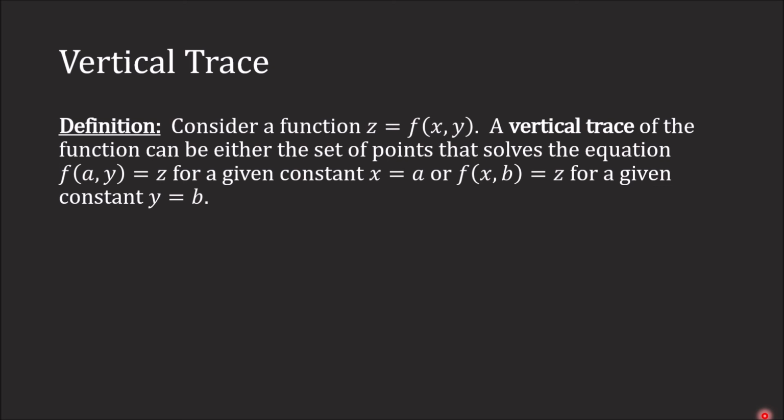So there are two vertical traces, right? There's the vertical trace for when x is equal to a. This is called the yz trace. And then there's a trace for when y is equal to b, and this is called the xz trace.